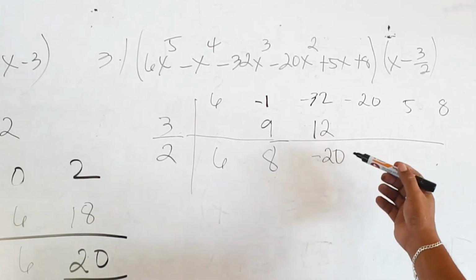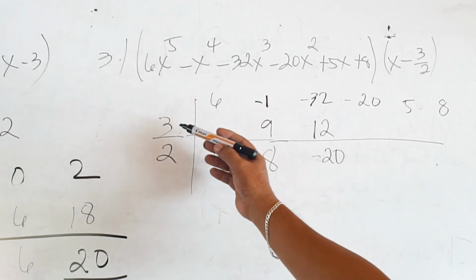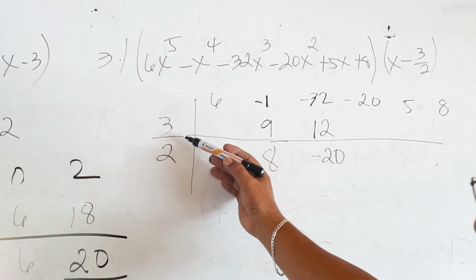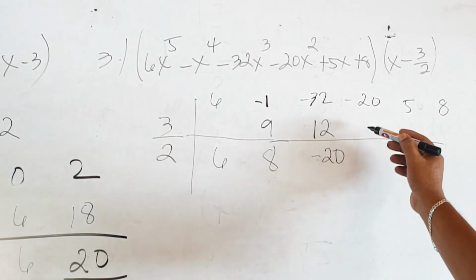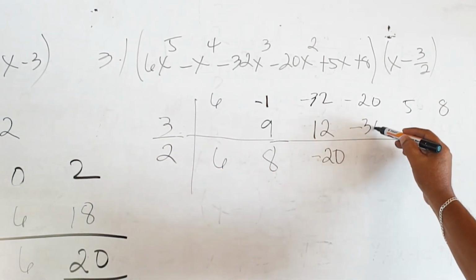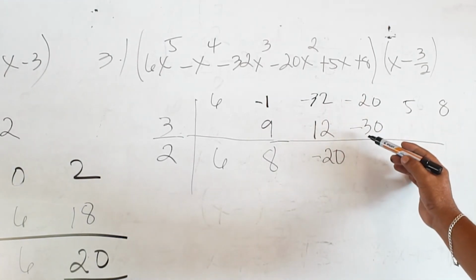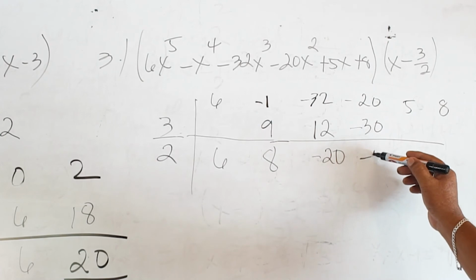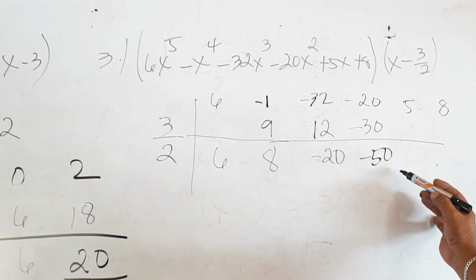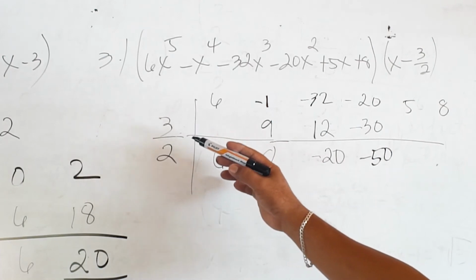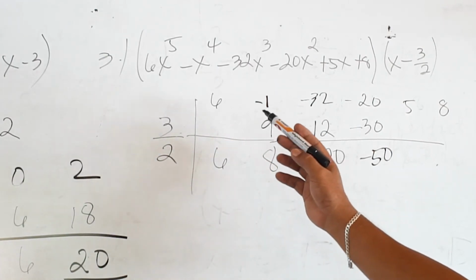Then next, negative 20 multiplied by 3, so we have negative 60. Negative 60 divided by 2, so we have negative 30. Then add negative 20 plus negative 30, so we have negative 50. Then negative 50 multiplied by 3, so we have negative 150.